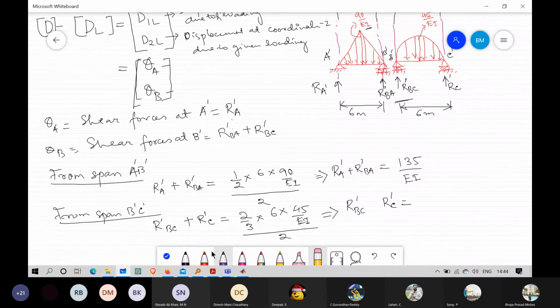So please calculate how much will be that value. 90 by EI.